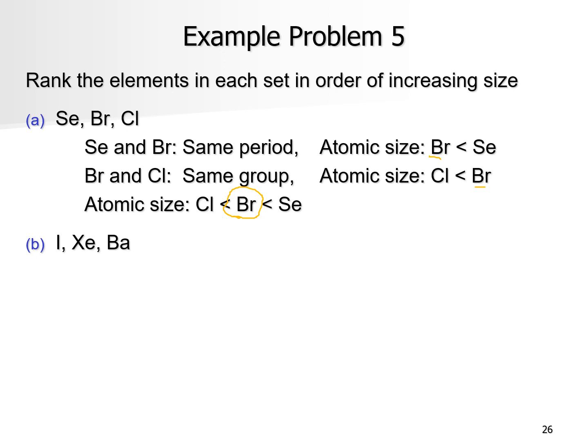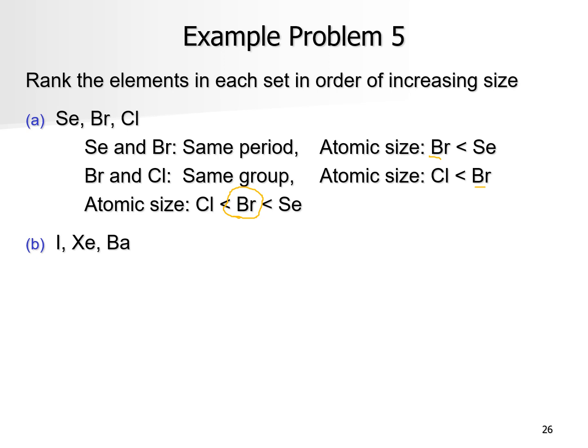Bromine shares the same group with chlorine. As a matter of fact, we can use bromine as a reference to tell which of this chlorine and selenium has either smaller or larger size. That is exactly the technique that we're going to use in our second question.